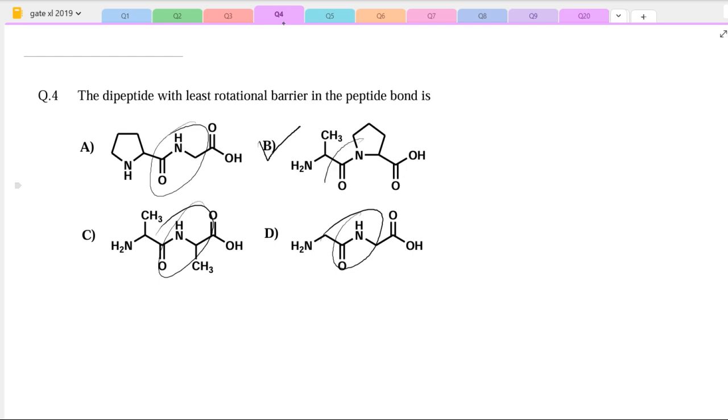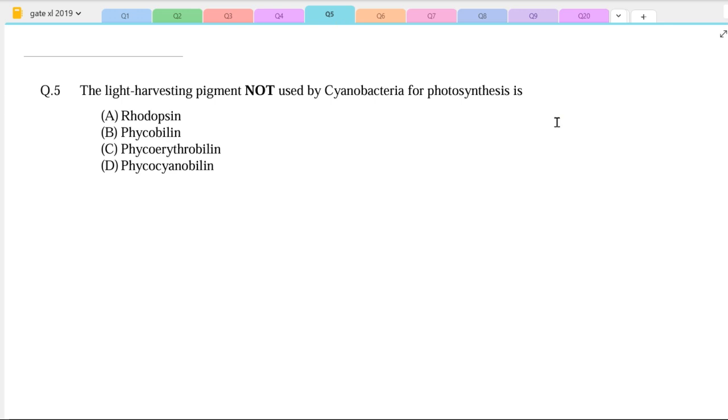But this is not the canonical CONH bond that is usually seen in a peptide bond. So the correct answer is the dipeptide in option B, with the least rotational barrier. So it cannot be planar. However, it can have some rotation that's possible. Moving on to the next question.